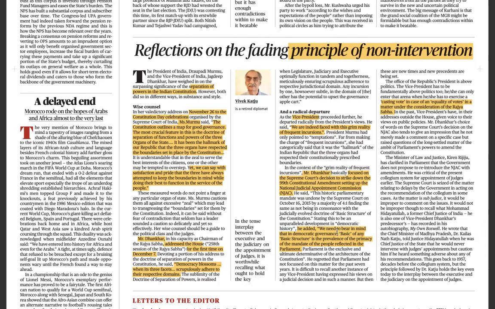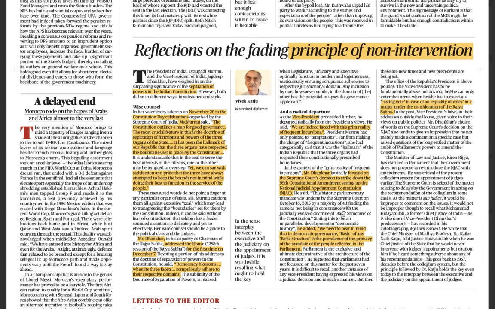And he added that we need to bear in mind that in democratic governance, the basis of any basic structure is the prevalence of the primacy of the mandate of the people reflected in the parliament. So he's saying that even the basic structure has some foundations, which is the will of the people that is reflected by our parliament, the laws that are passed by the parliament.